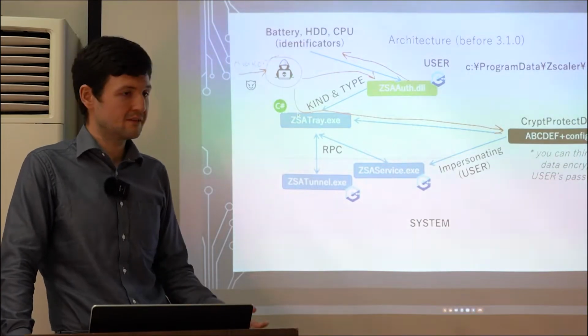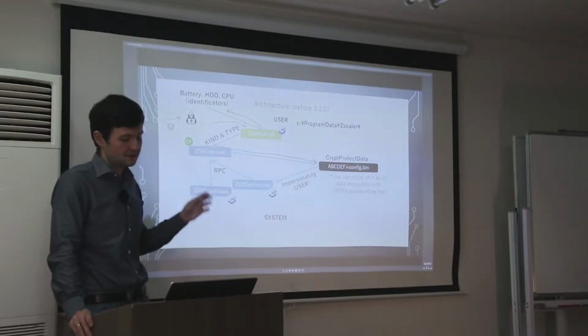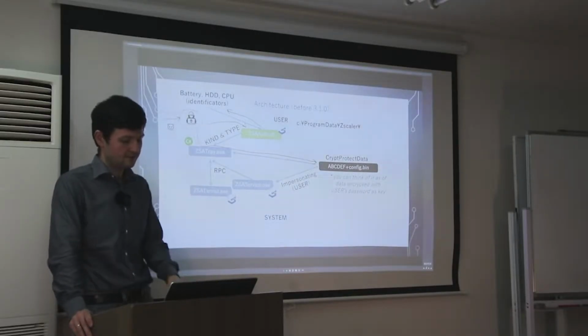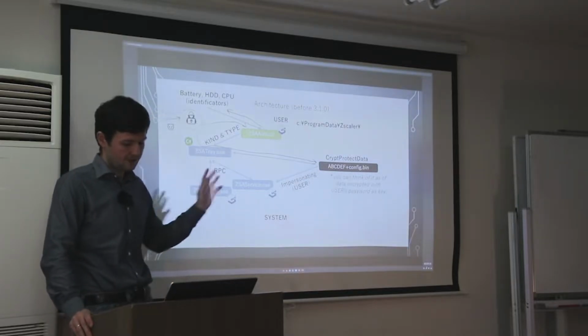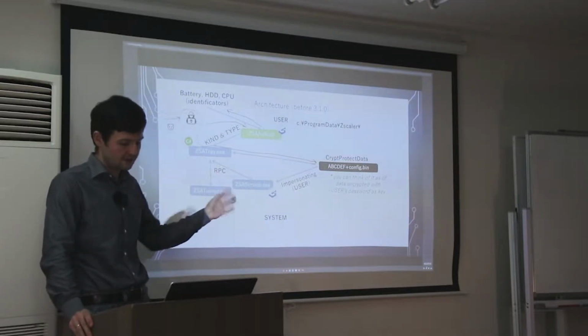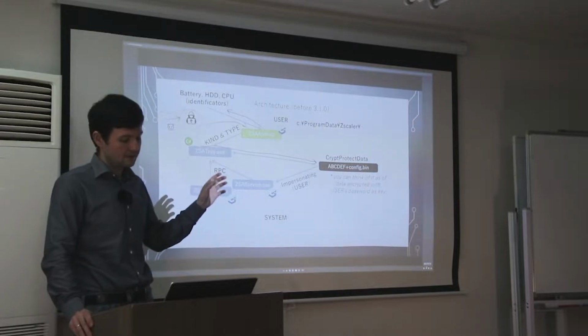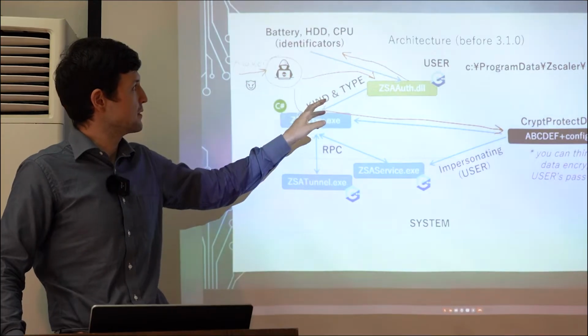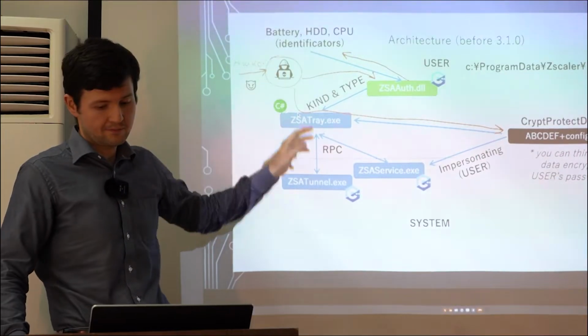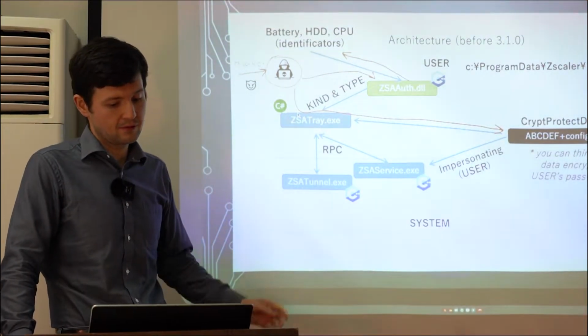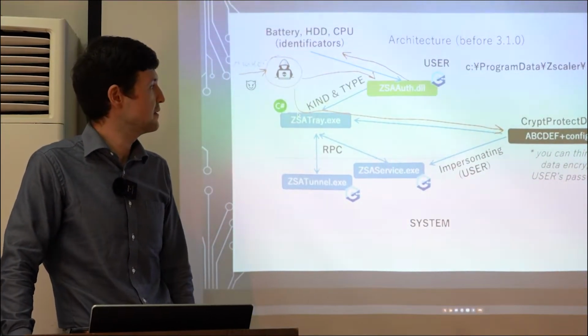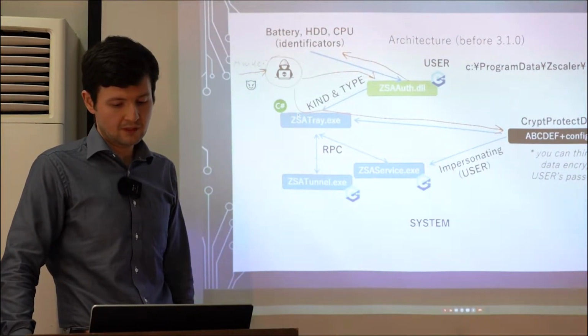So any attacker that has execution under the user rights on the computer can use CryptUnprotectData on this data by providing the calculated numbers and strings of the battery, HDD, and CPU identifiers, and get the config decrypted and steal it.